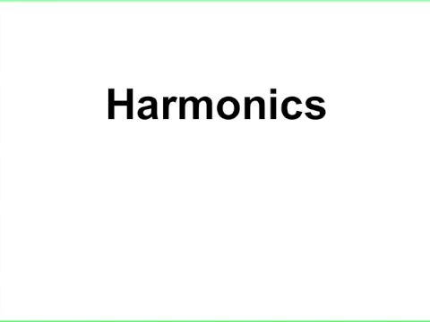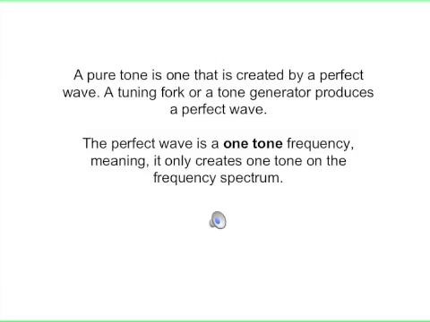We'll go from here into the principle of harmonics. So let's think again about that sine wave that we were listening to. The sine wave is a pure tone. It's one that is created by a perfect wave.